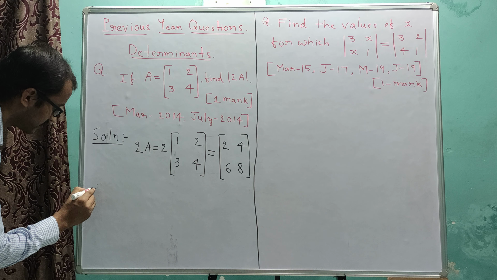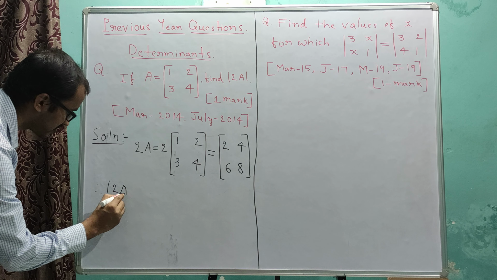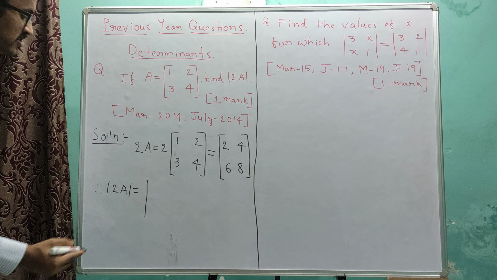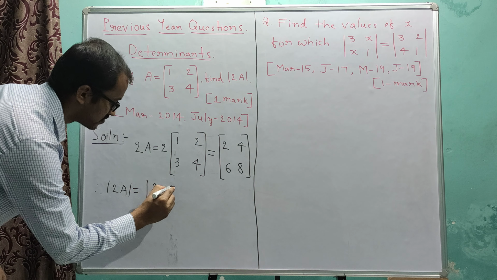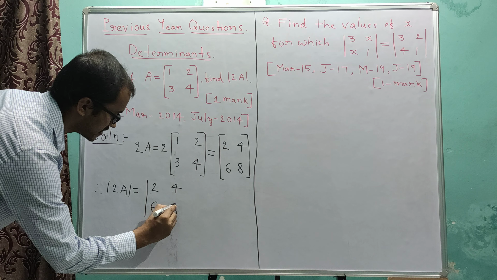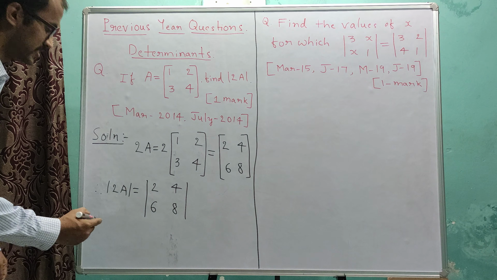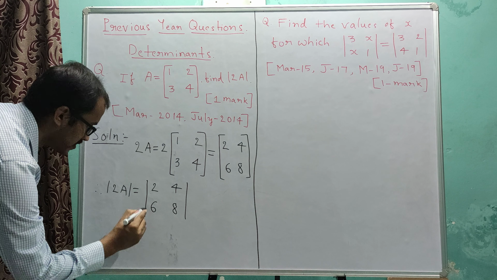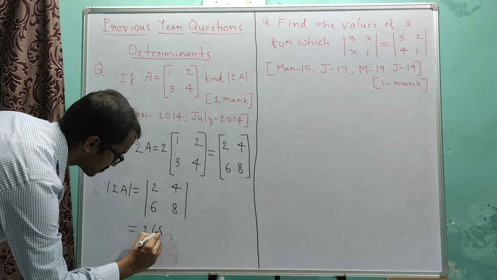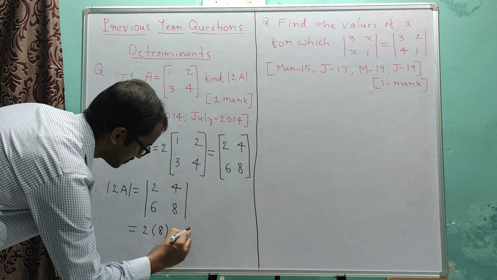Therefore, the determinant of 2A is equal to the determinant of 2, 4, 6, 8. If you expand the determinant, 2 into 8 minus 4 into 6.